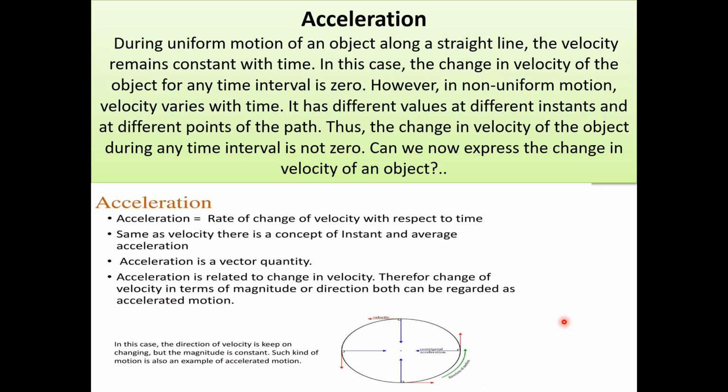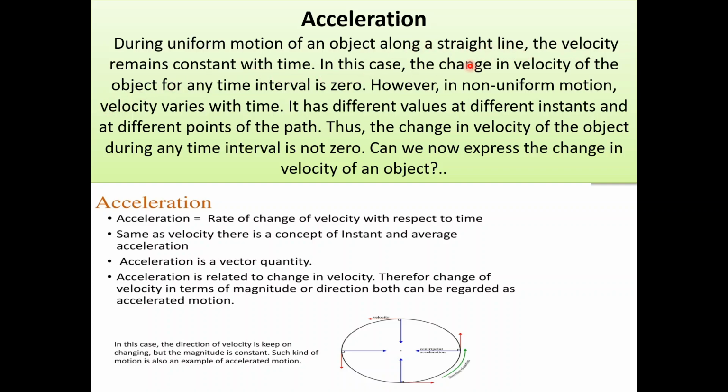Next, another physical quantity which is used to describe motion is acceleration. Now in this part you will study what acceleration is. During uniform motion of an object along a straight line, for example a car moving along a straight line with a speed of 60 km per hour, the velocity is constant with time.